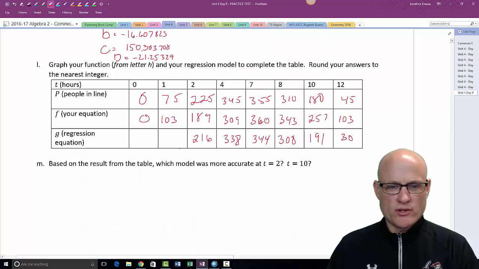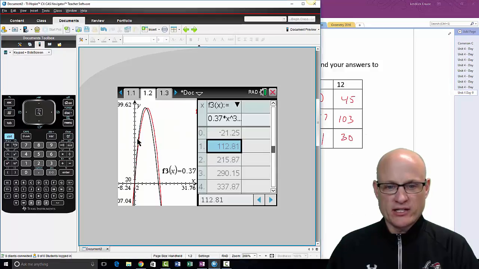And 1 was 113. And 0 was actually negative 21.